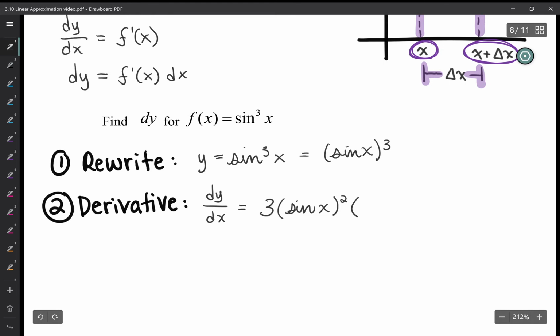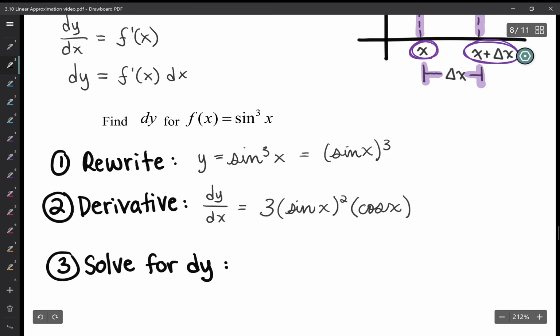Then we have to take the derivative of the inside function sine of x, so times cosine of x. Then we want to solve for dy. So we multiply both sides by dx. So we have that dy is equal to 3 sine squared of x cosine of x dx.